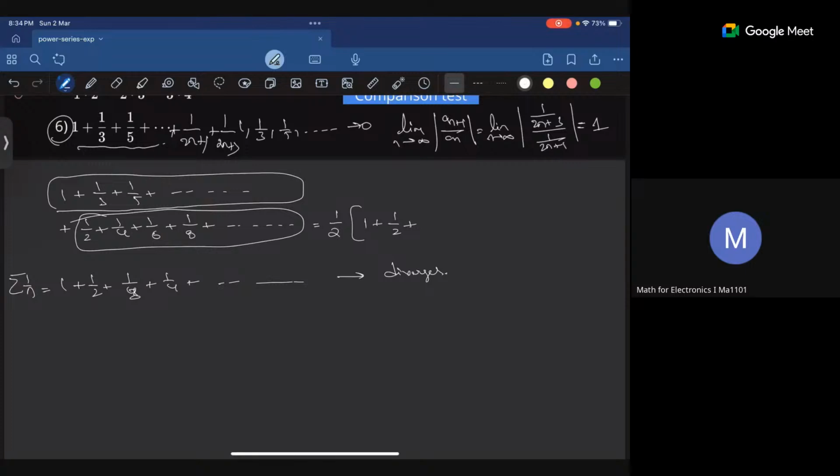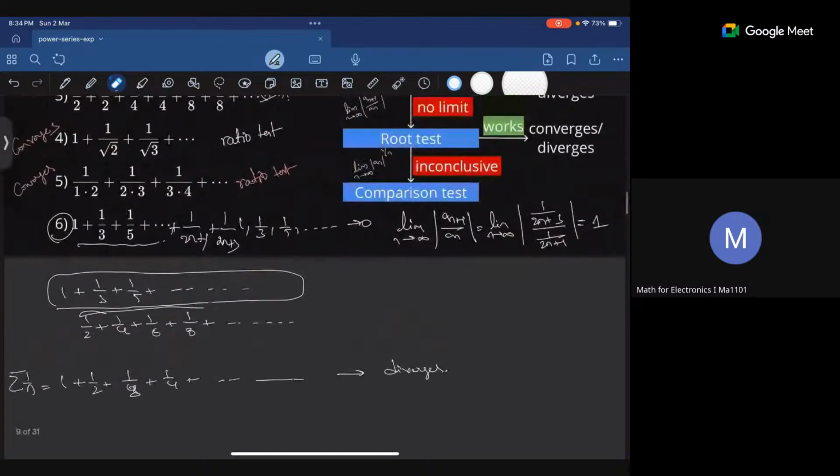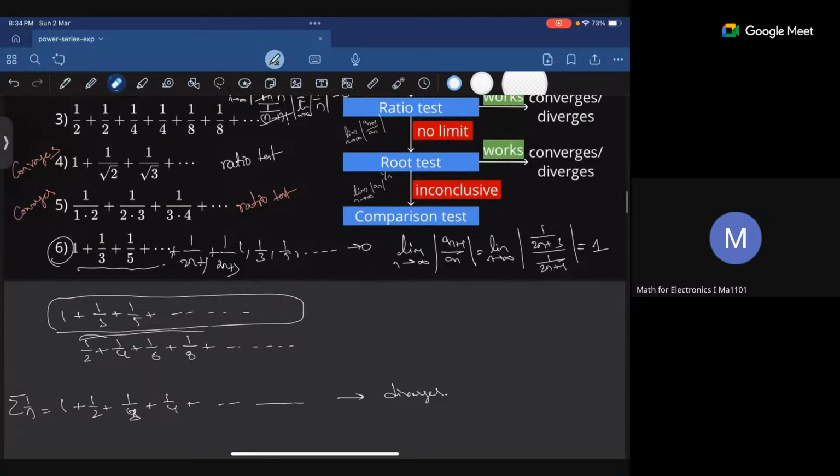Okay. So what are we going to do? Okay, just give me a minute. Let me think about this. So for problem 6 actually, we will use the comparison test.